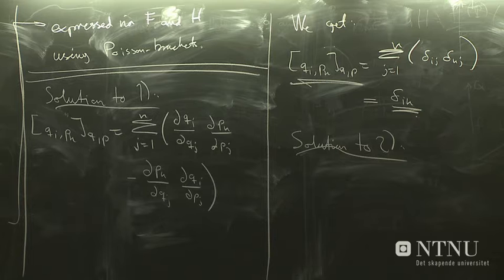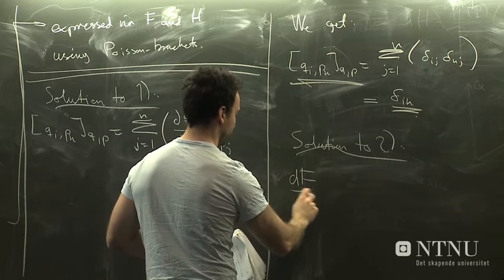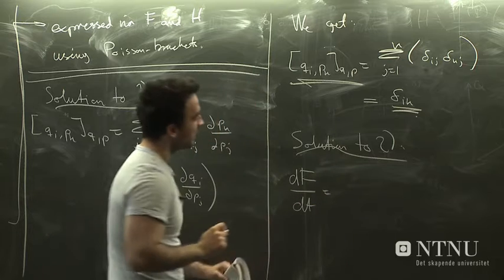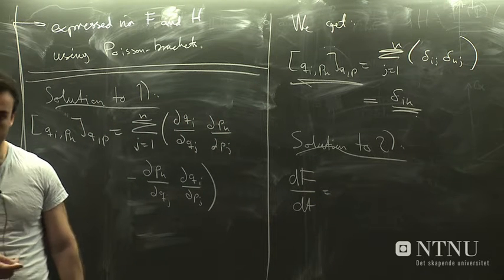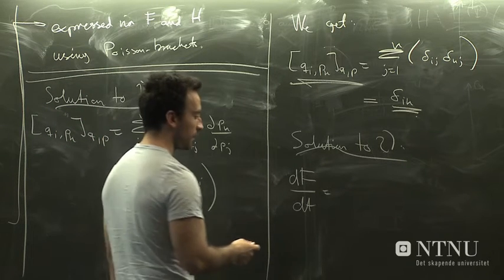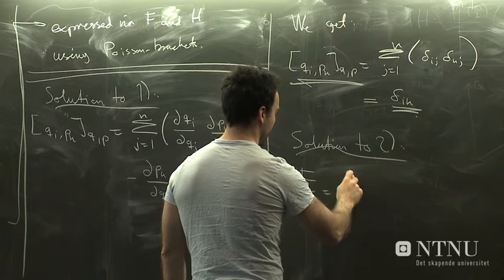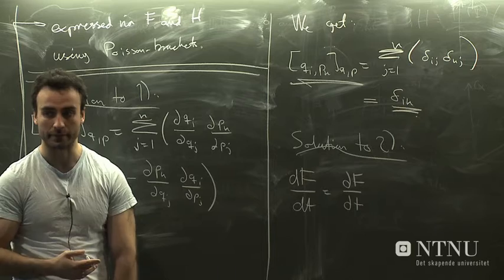Let's have a look at the second one. Find an expression for the total time derivative of f expressed in terms of f and H by using Poisson brackets. So how did you start? First, expand the total derivative in terms of the partial derivatives. So we have that f, okay, we have the partial derivative first with respect to t.